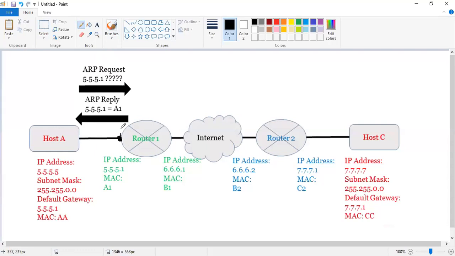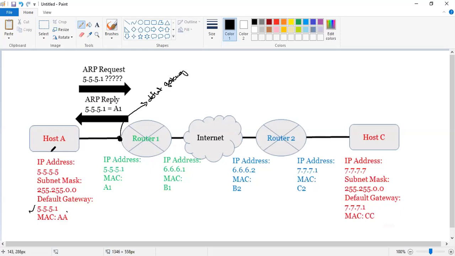This is called the default gateway. This particular port information is configured. You know about that default gateway port. As soon as you power on, this is configured in your machine.